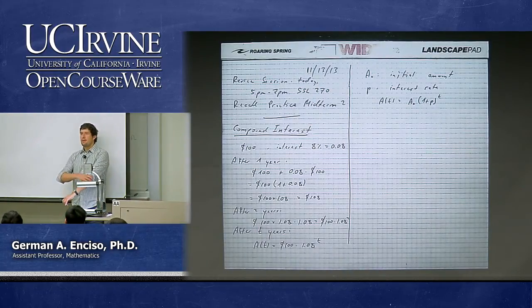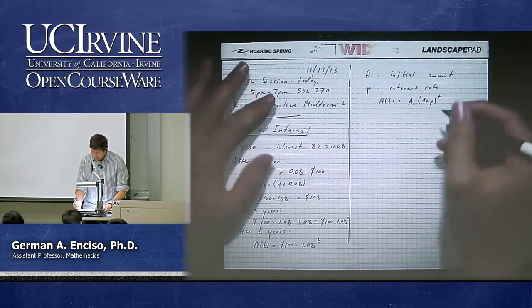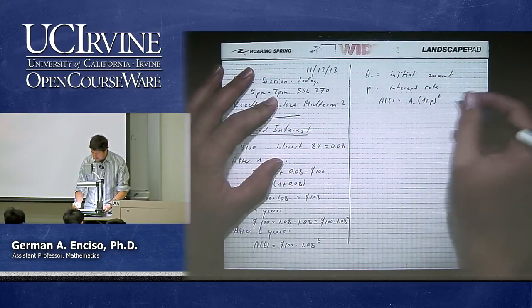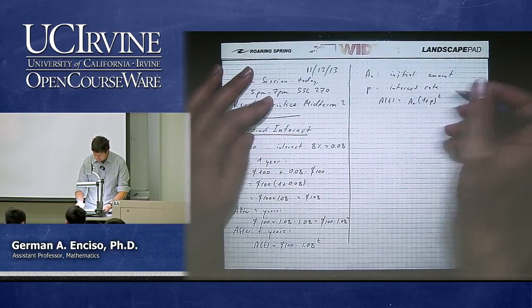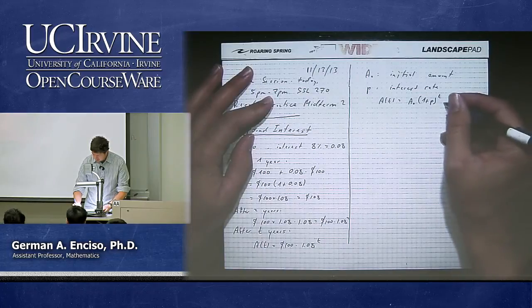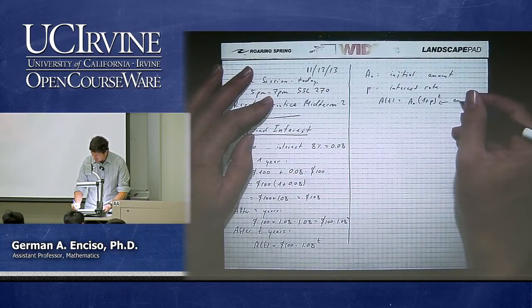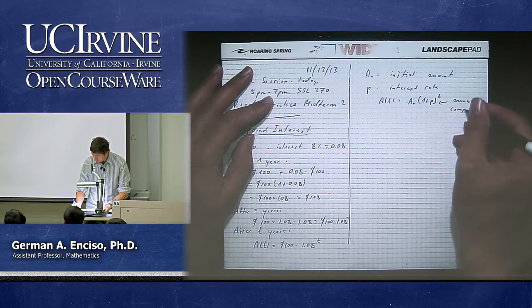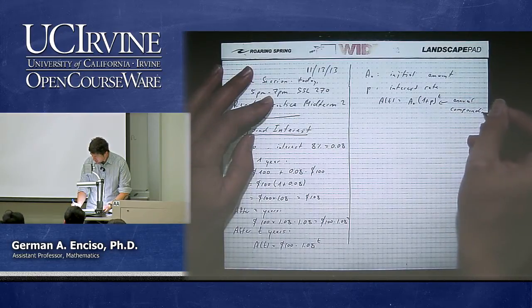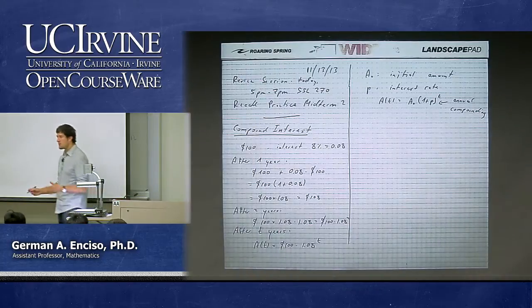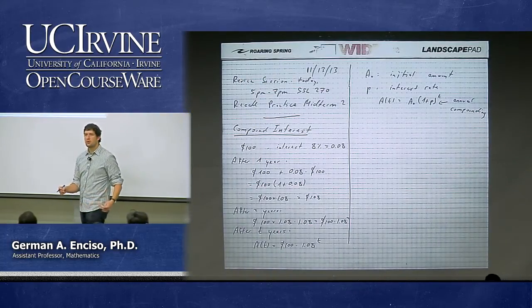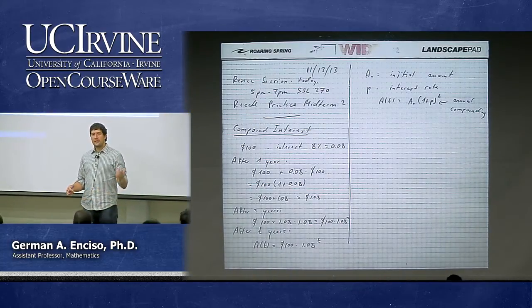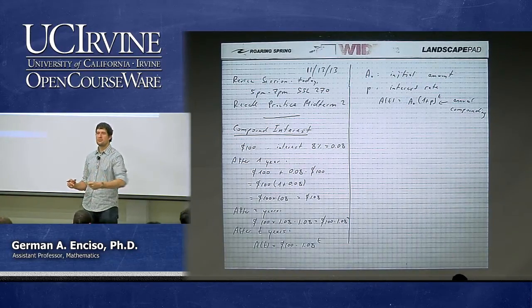Okay, now this is annual compounding. By this I mean that essentially you have your money sitting around for a year, and only after the year is over, the bank comes and says, okay, I'm going to give you your interest, 1.08.